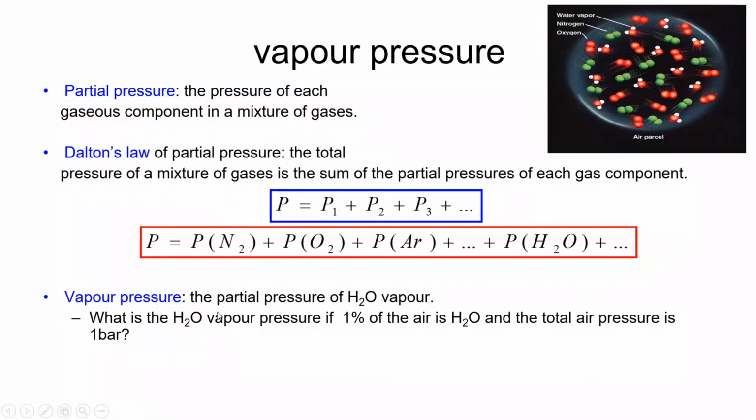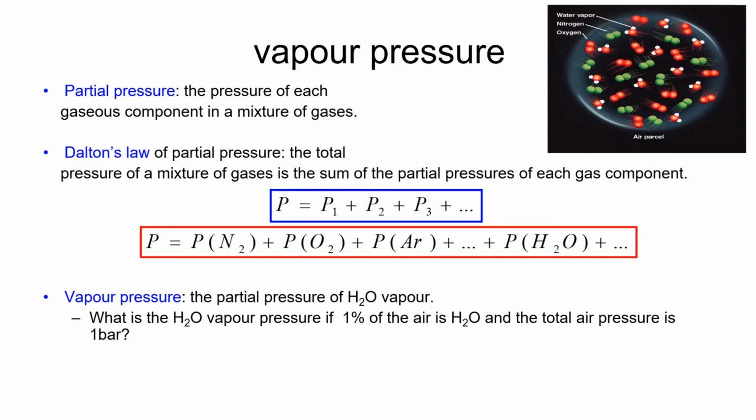This is a small question for you. What is the partial pressure of H2O vapor if 1% of air is H2O? Suppose the total air pressure is 1 bar. How do we calculate the partial pressure of H2O? That is 1 by 100 into 1 bar, because the partial pressures of the different gas components are given by their mole fractions.